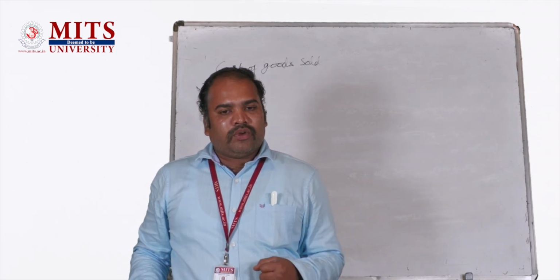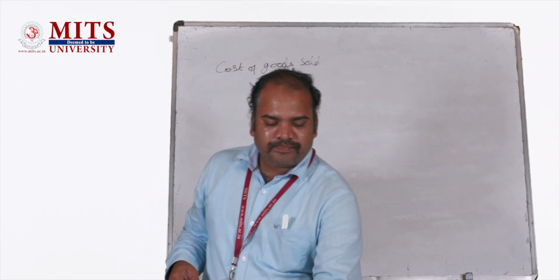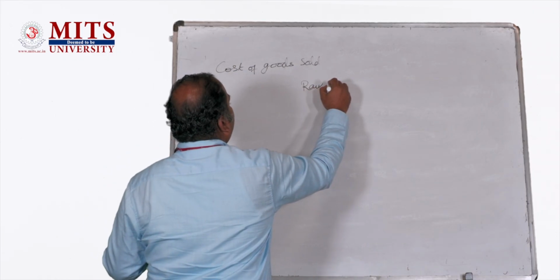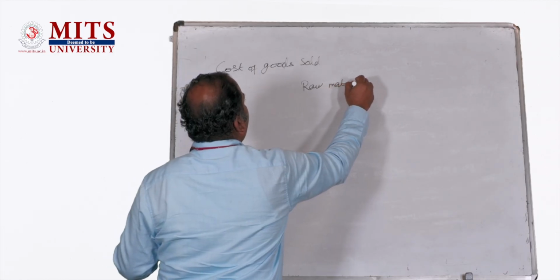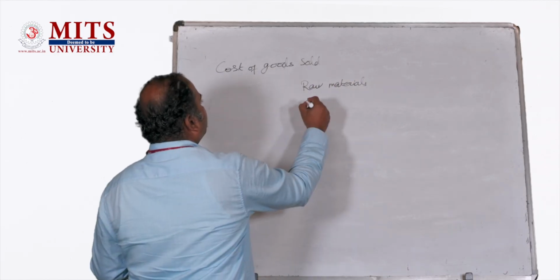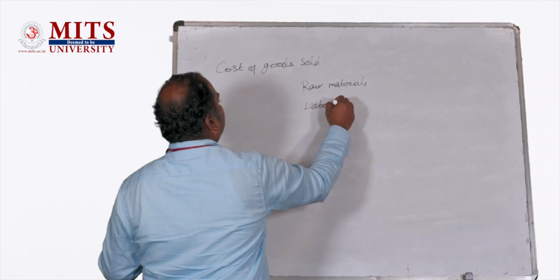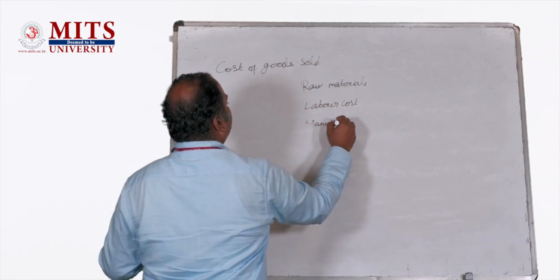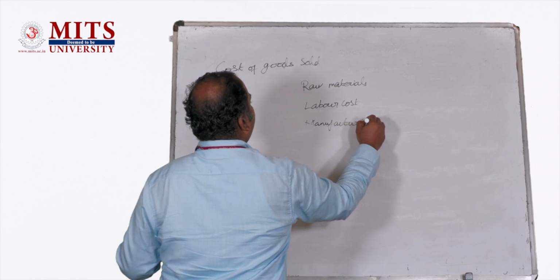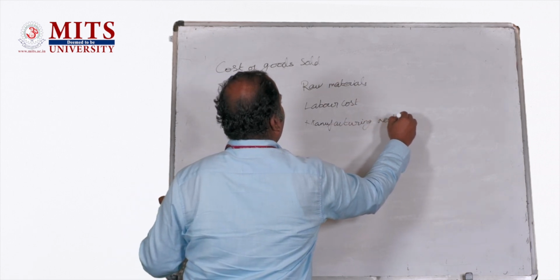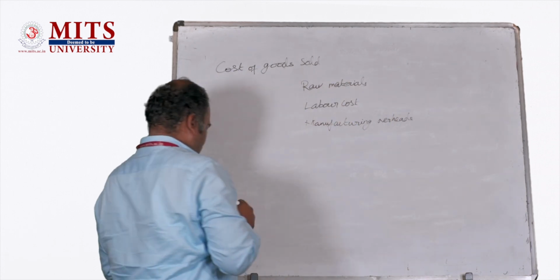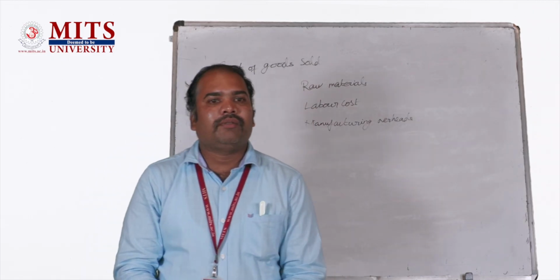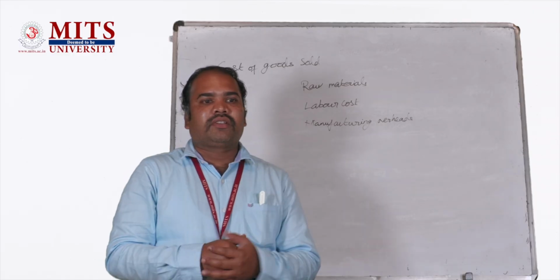The direct cost involves one, the cost of raw materials, two, the labor cost, and three, my manufacturing overheads. So what are all the direct costs involved in manufacturing the particular inventory? So that is cost of goods sold.